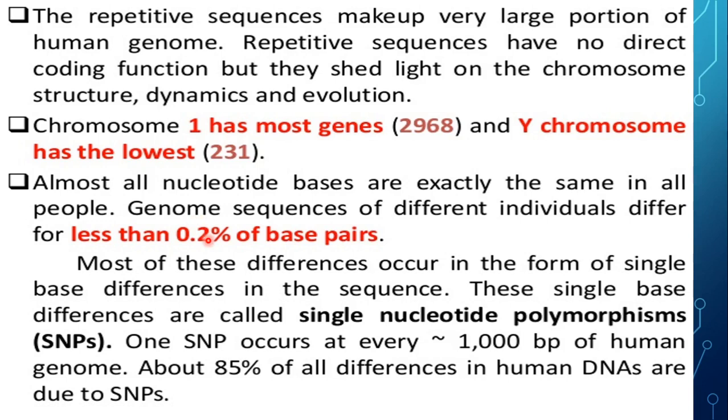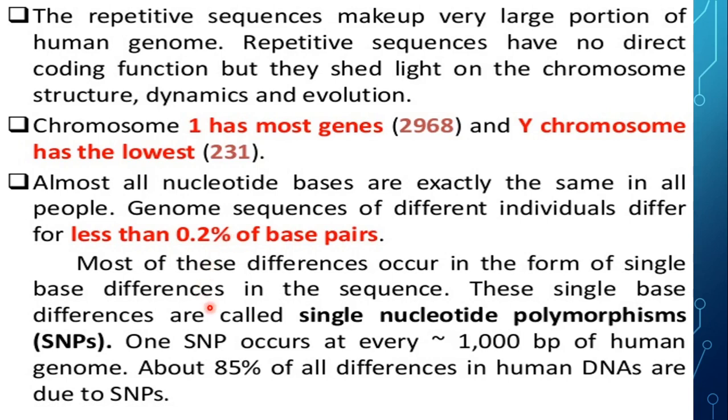And those differences in DNA are due to the position of the bases. Some bases will differ only at certain points. Some bases will be different between two individuals, or among three individuals, and that creates the different types of DNA, which we call DNA polymorphism.